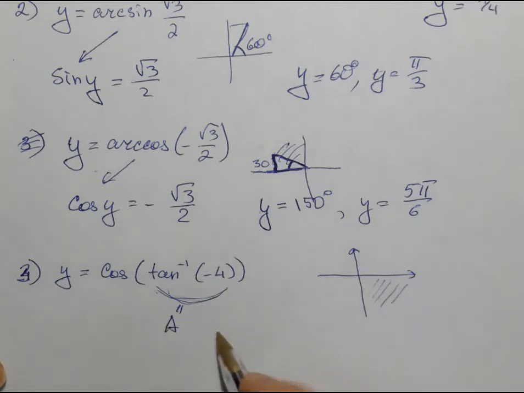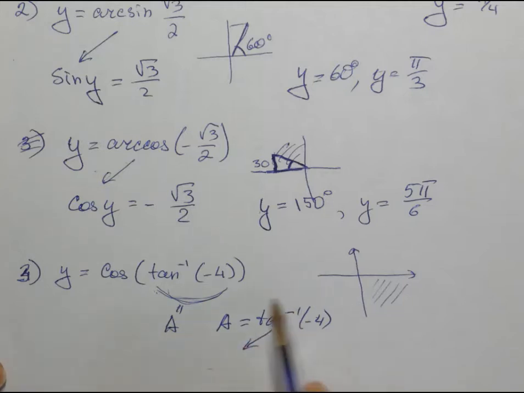And so we have such an equation: A equals tan inverse of -4. We can rewrite it in alternative form, bringing the trigonometric function to the left without inverse sign. Tan of A equals -4.